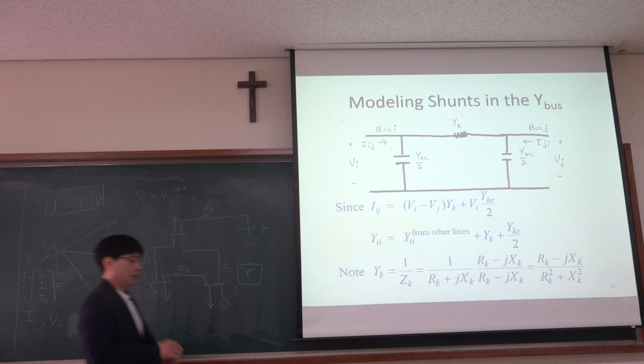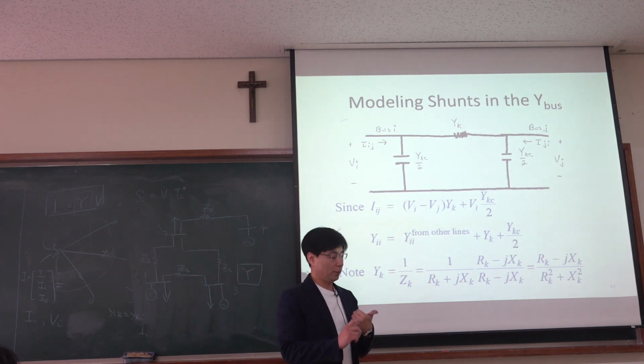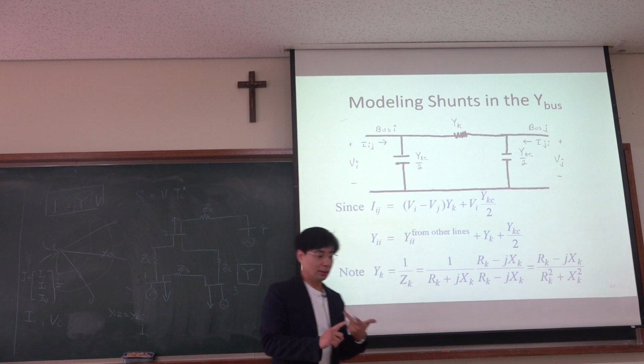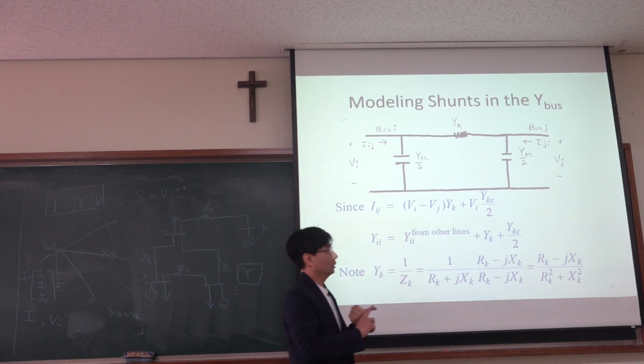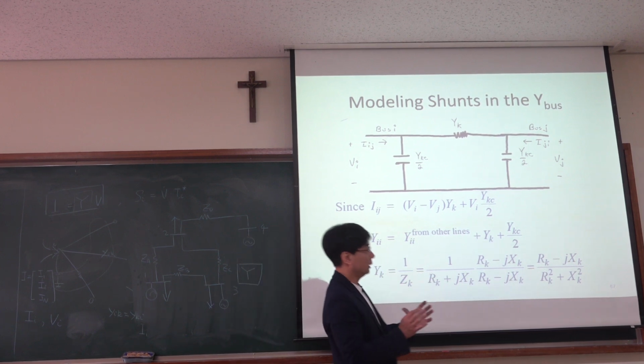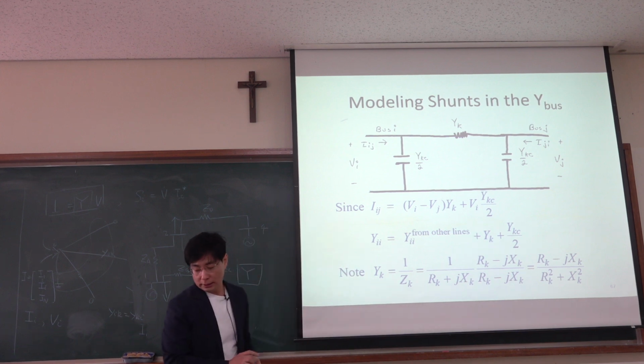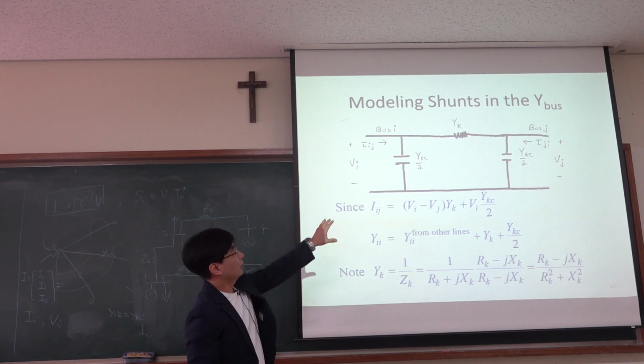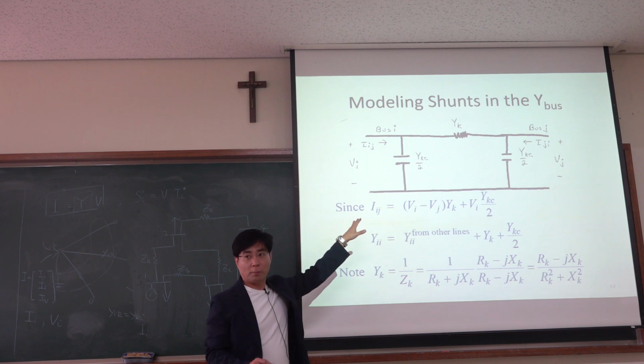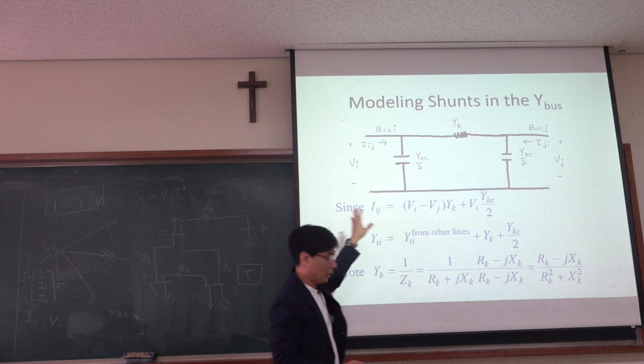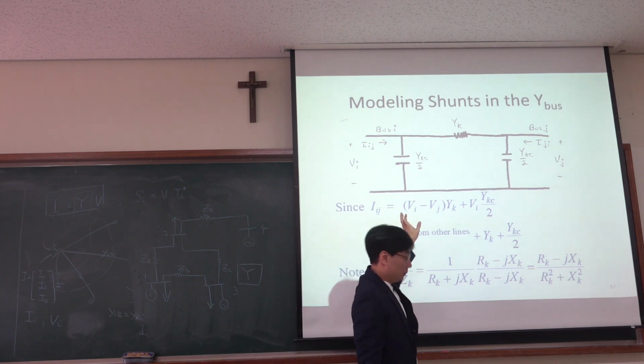Actually, in the textbook, we skipped chapters 3, 4, 5. We covered chapter 3 slightly, but skipped most of that part. But please remember, this is very important in terms of the transmission line and its parameters.